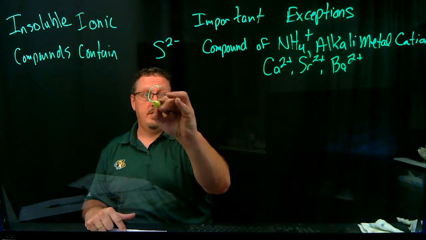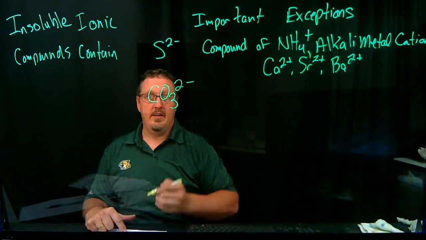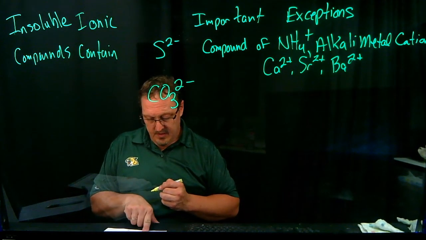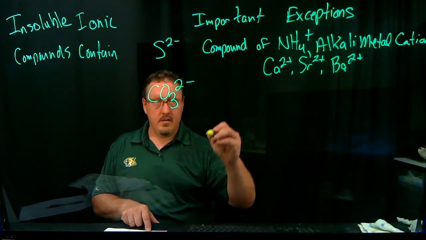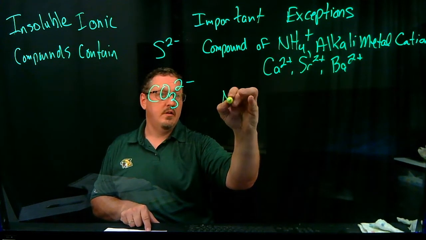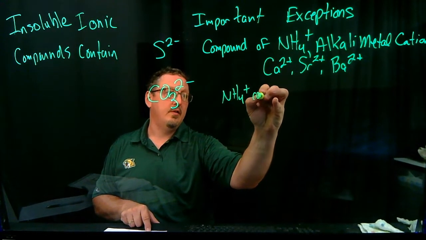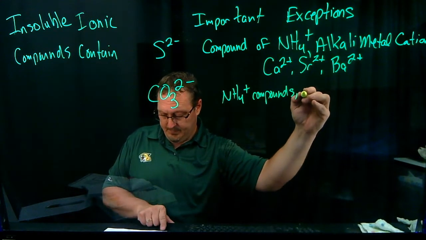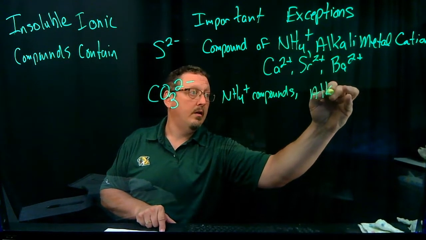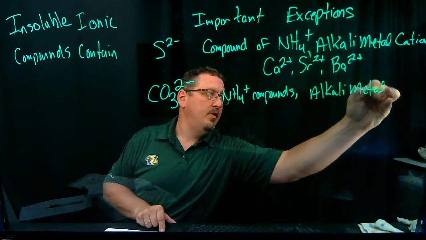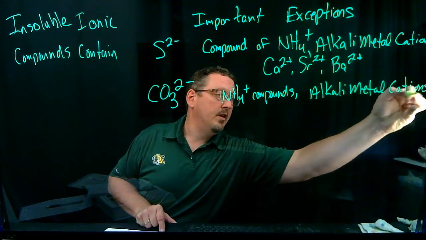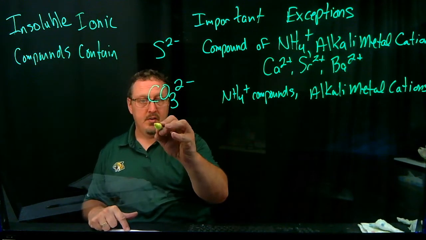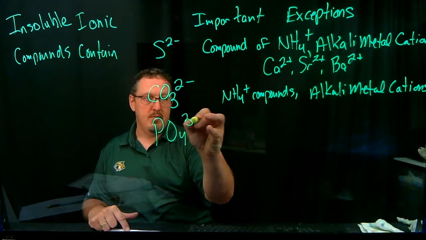Carbonate, CO3 2-. So carbonates are always insoluble solids unless we're looking at compounds of NH4+, and the alkali metal cations. The alkali metal cations tend to make everybody want to dissolve in solution. So that's kind of what they do. Phosphate, PO4 with a 3- charge.